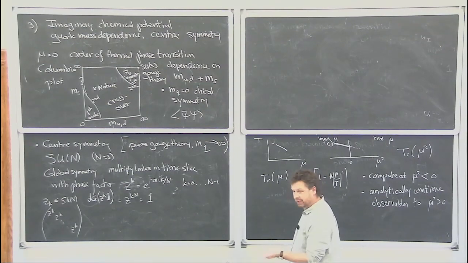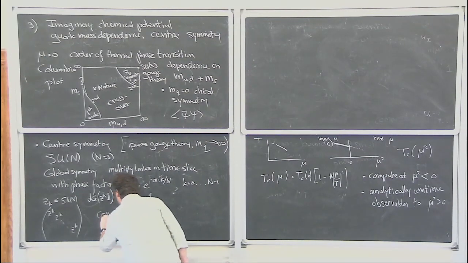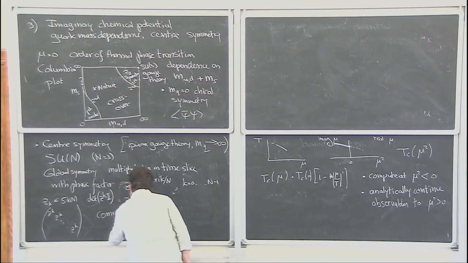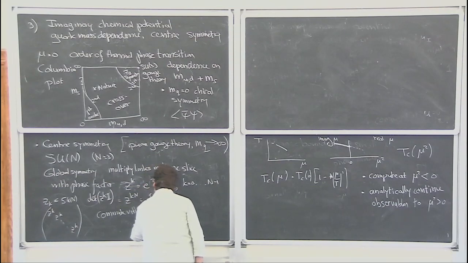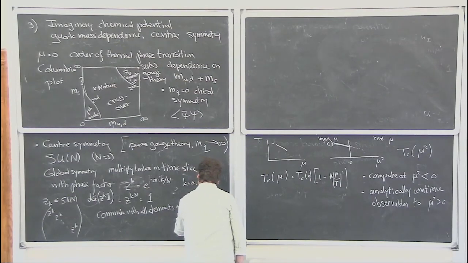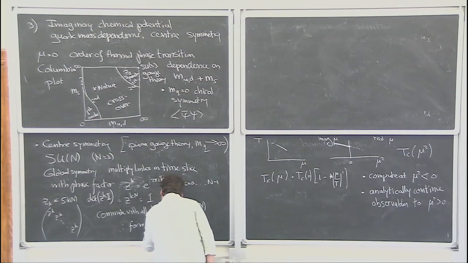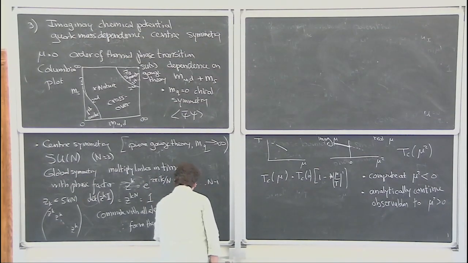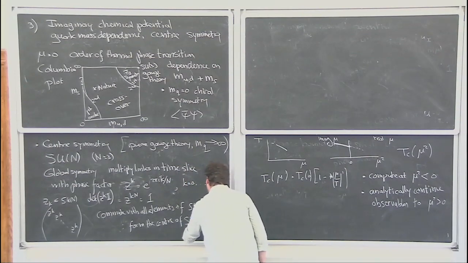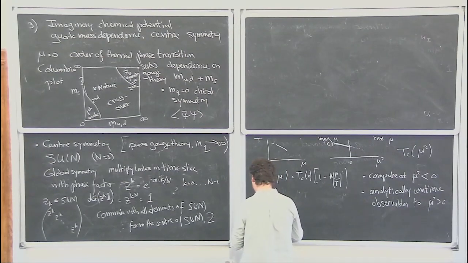And since they're abelian, they commute with all elements of SUN. And so they form the center. This is called the center, or Z, Zn.